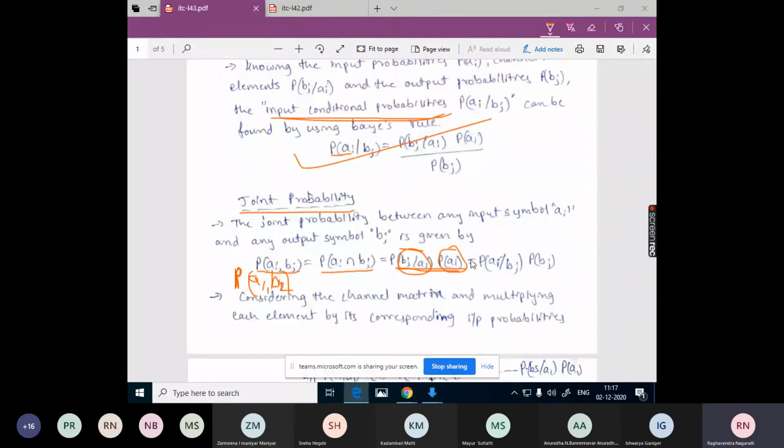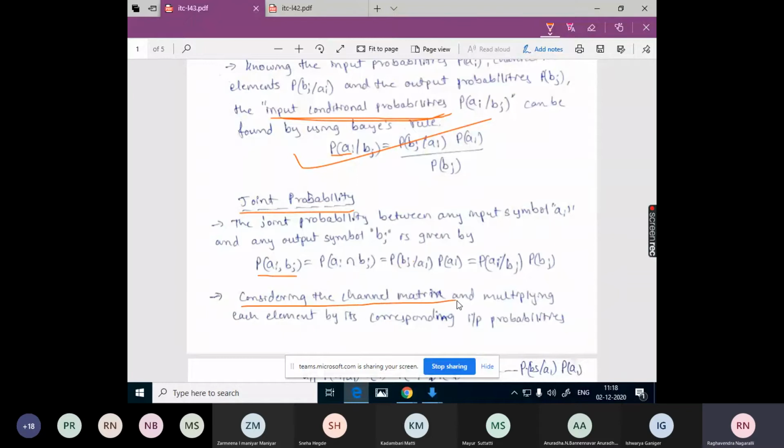We can also write this as input conditional probability into output probability. So this is the standard equation we can use to calculate the joint probabilities. This joint probability is very important. Later we will see while solving examples that these joint probabilities will help us calculate all the missing probabilities or characteristics of the channel.